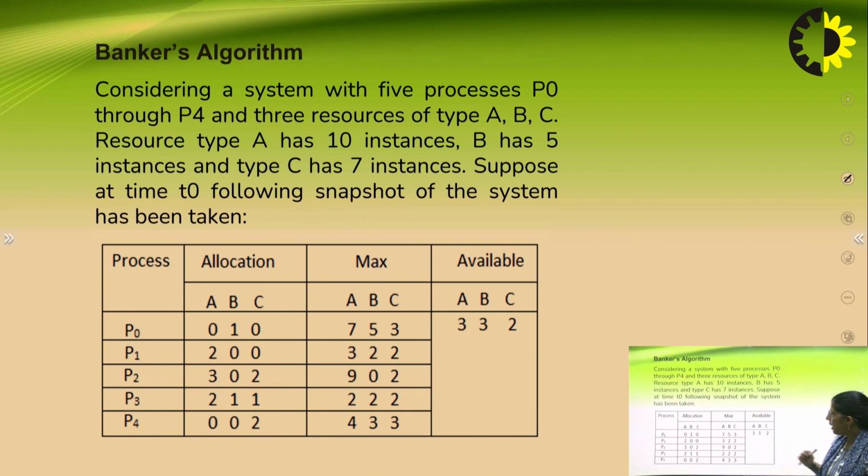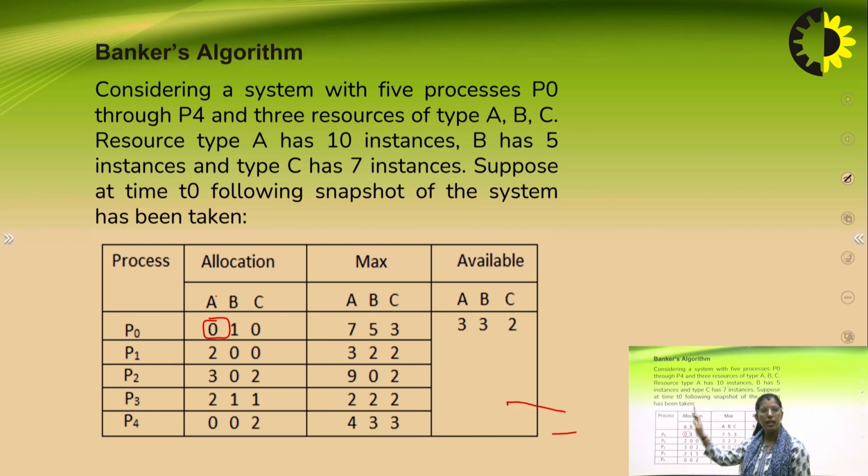Here we can see we are having 5 processes, and these A, B, C are the different resources, and the value representing here is saying that P0 is holding none of resource A type.